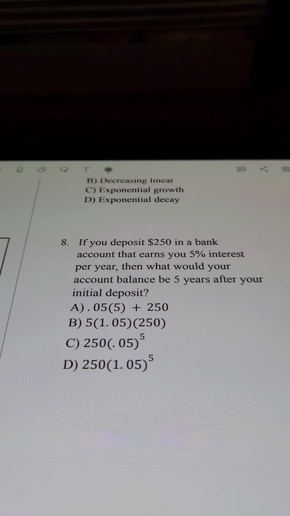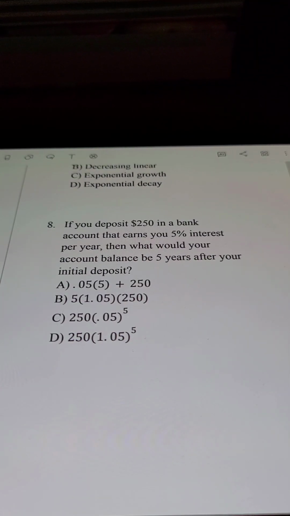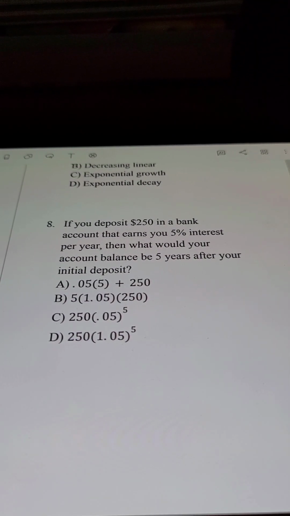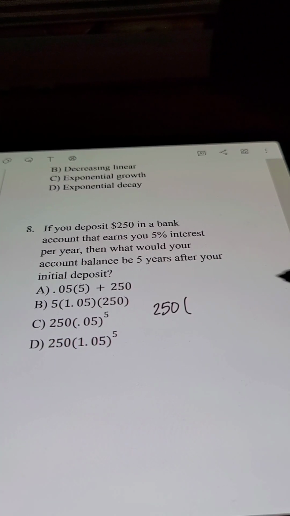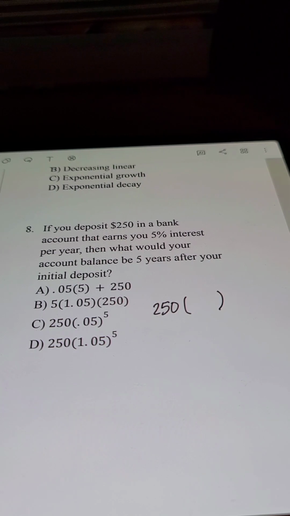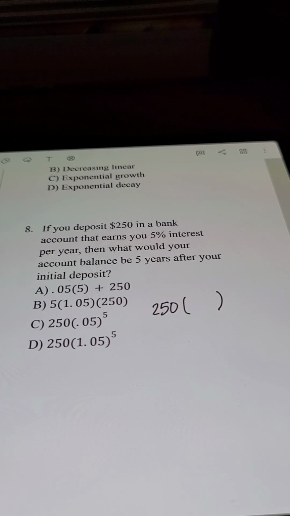Okay, pause to read number 8 if you haven't already. So this is an exponential situation that we have here. Exponential growth, because you're earning 5% interest per year. So we would start with the initial amount, 250, and then in parentheses, you're going to have what the rate of growth is. So it would be like you already have 100% of something, it's growing by 5%, so we're really talking about 105% of whatever the current value is.